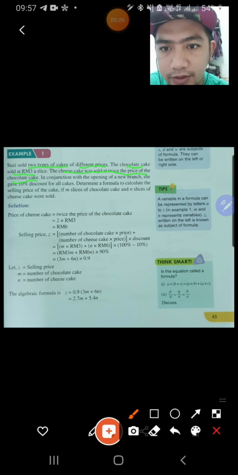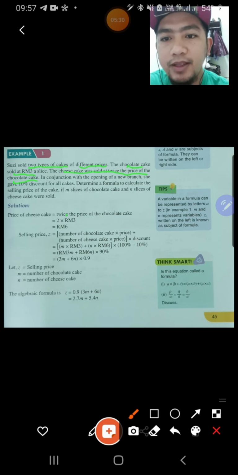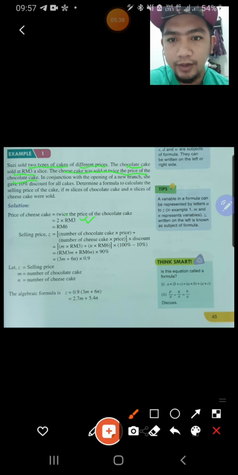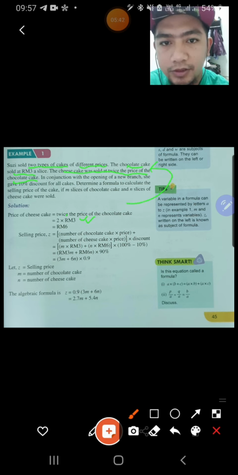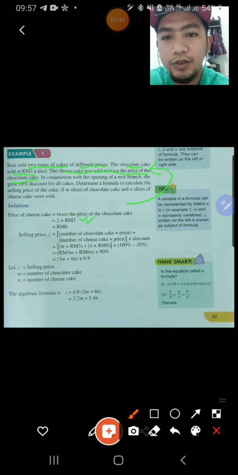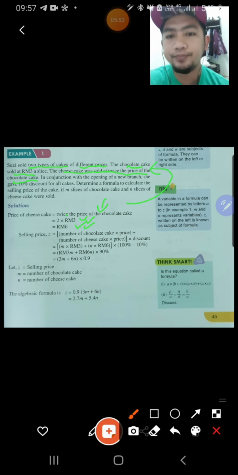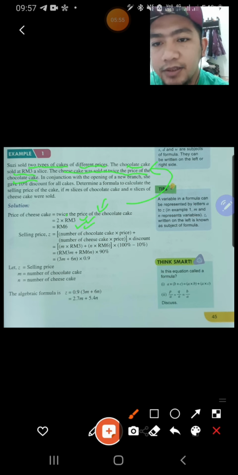The price of the cheesecake is twice the price of the chocolate cake, which means 2 times RM3. Look at it carefully, compare to the situation. So the price of the cheesecake is RM6. This is the first step.